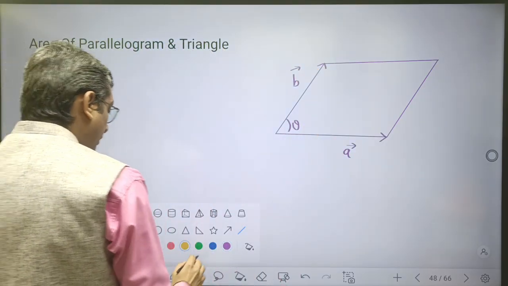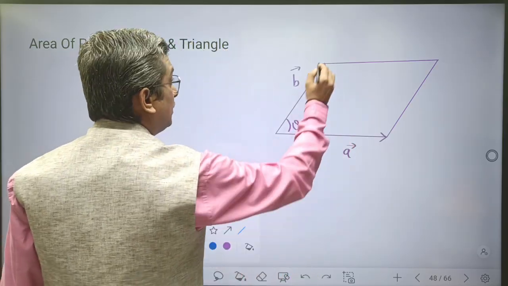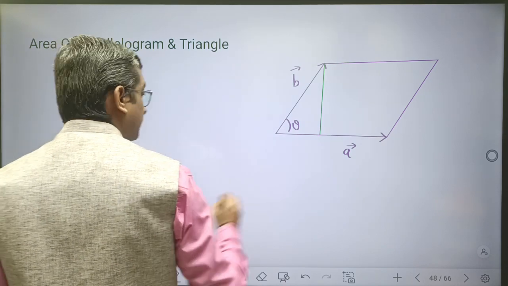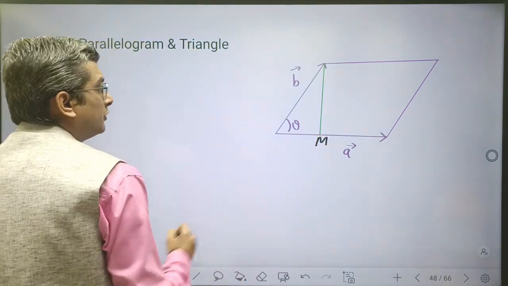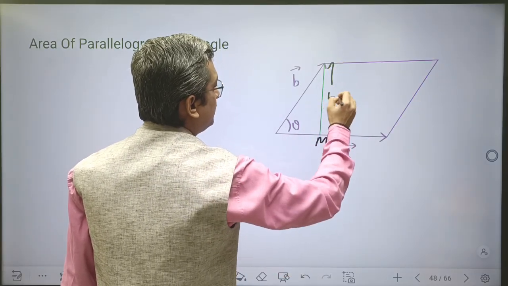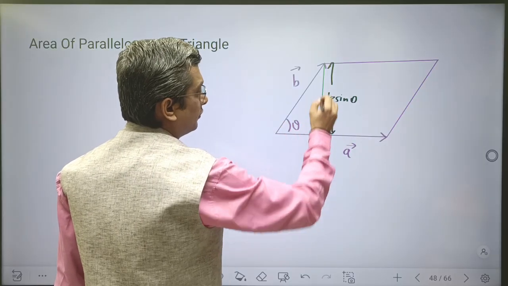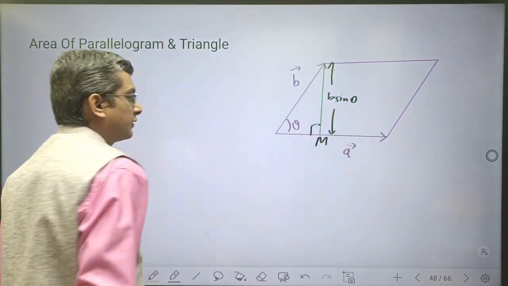Now if I plot a perpendicular from here this way, so this will become M, and if this is B, so this height is given by B sine theta. Because this is perpendicular, this is a right angle triangle, this is theta, so this is B sine theta.